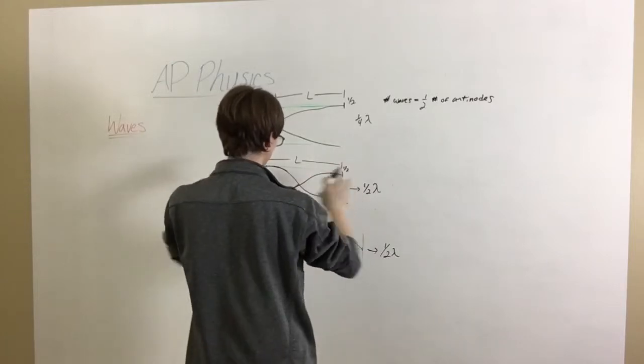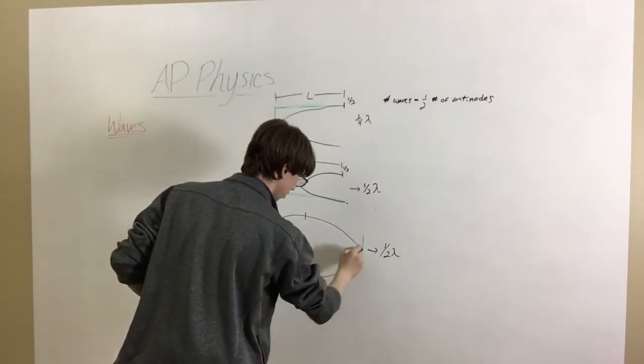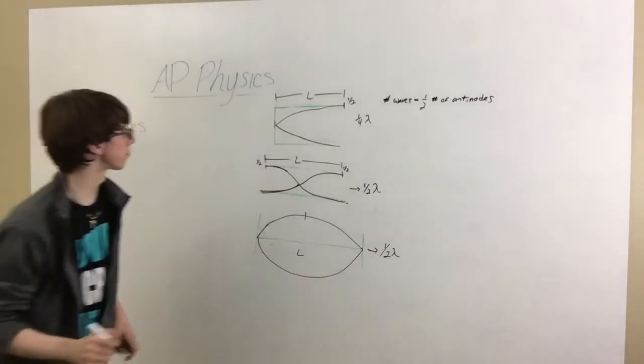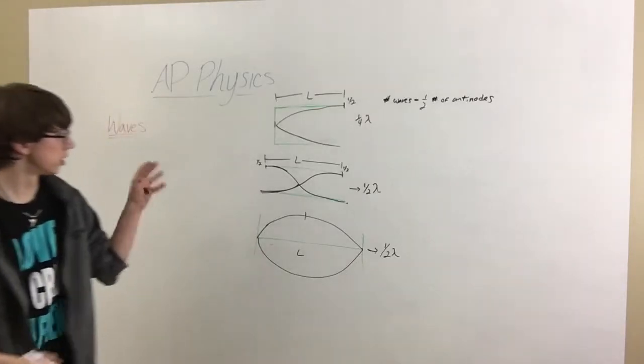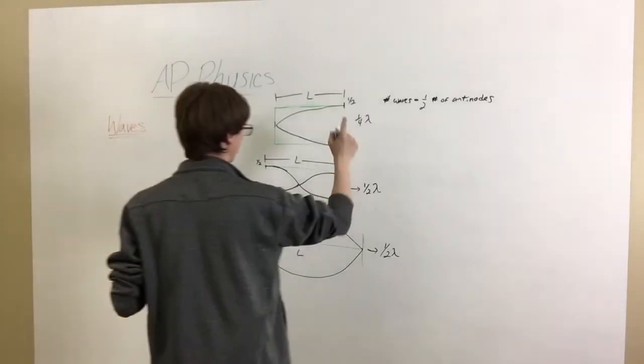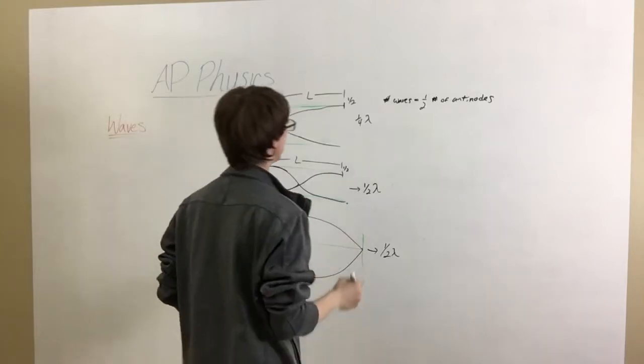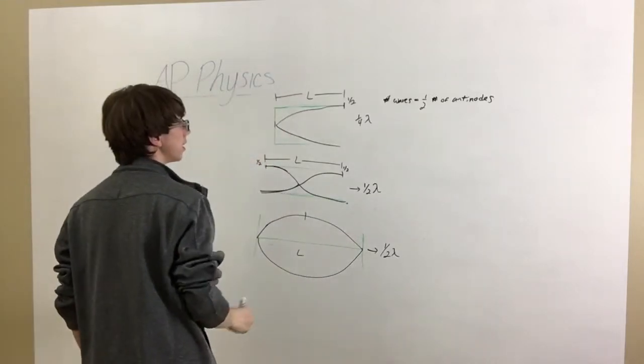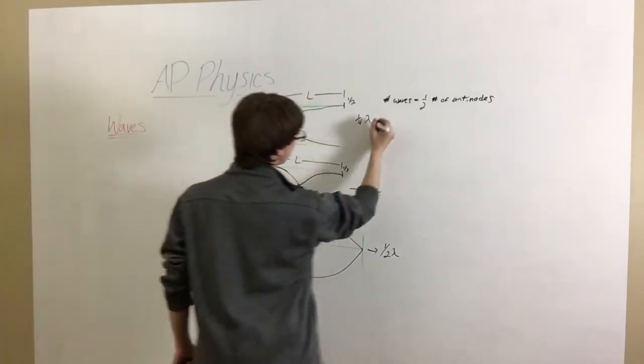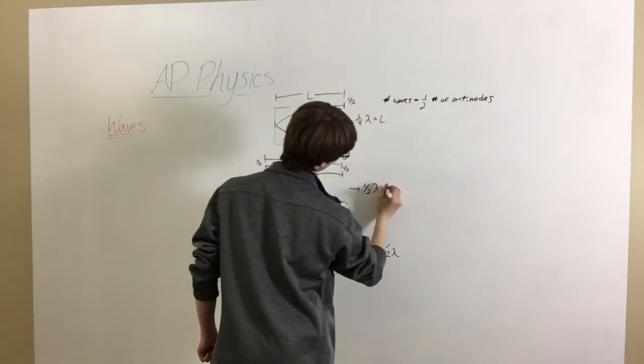Oh, I forgot to draw the bottom part like this. All right. So here we have half a wavelength, half a wavelength, a fourth of a wavelength. So this length is equal to a fourth of a wavelength.